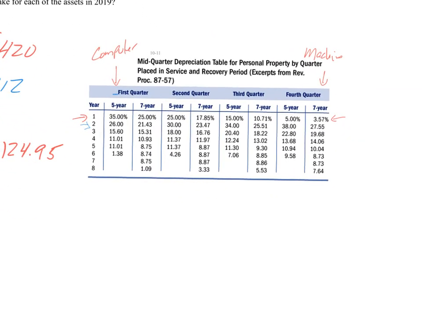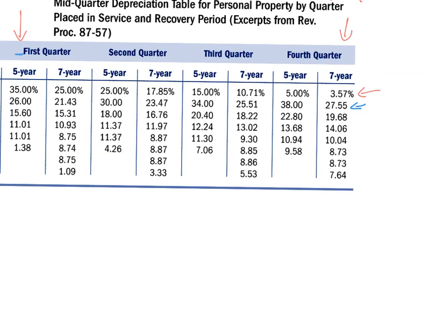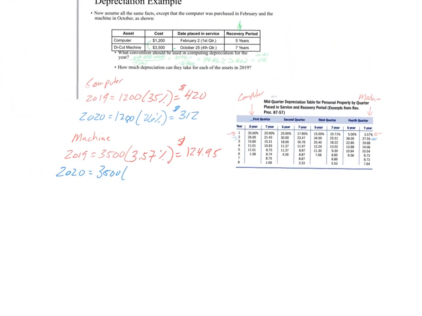Our percent for year two, as we can see, is much larger, 27.55, and that makes sense because it's in service for all of year two. So 27.55%, and we have $964.25 of depreciation for the machine.